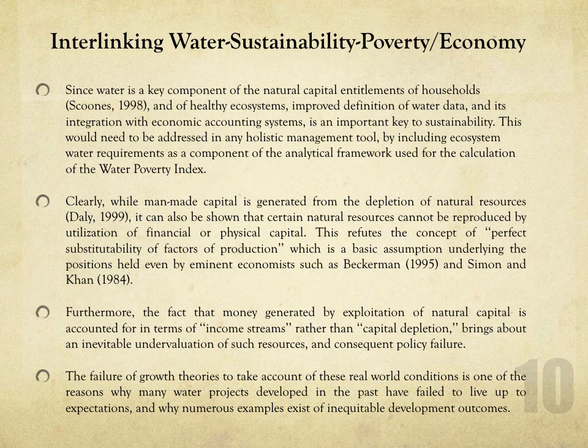That aspect also needs to be integrated somewhere in our understanding of sustainability, because finally the aim is to produce a tool such as the water poverty index which would help policy making and regulating the behavior of people in water consumption. So, by highlighting these aspects: the need for integrating water accounting into the economic accounting, the need for integrating the ecosystem water requirements into the accounting, and the fact that water has a different angle when it comes to substitutability of the factors of production.